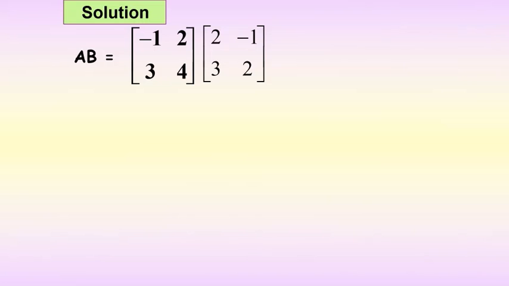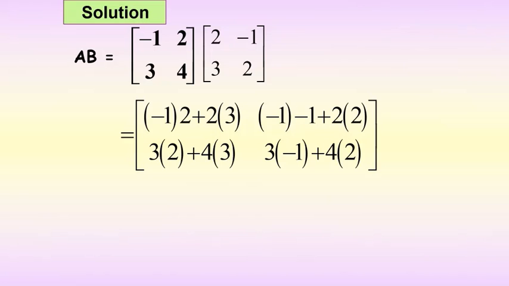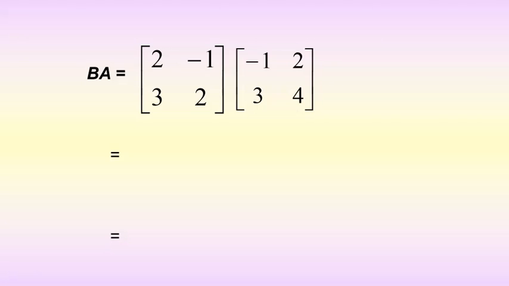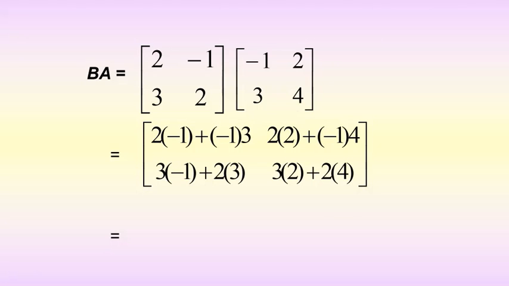A times B gives us 4, 5, 18 and 5. Then by using the dot product operations, you find B multiplied with A, which is -5, 0, 3 and 14.